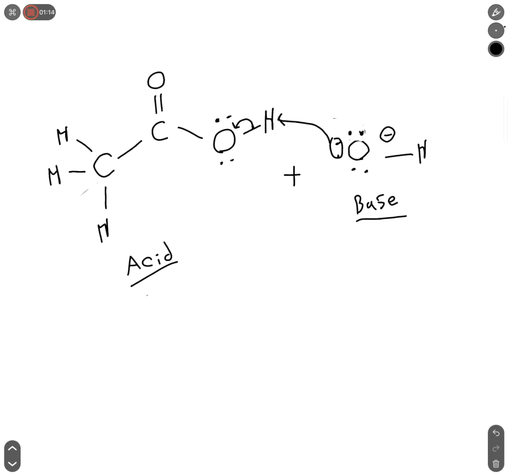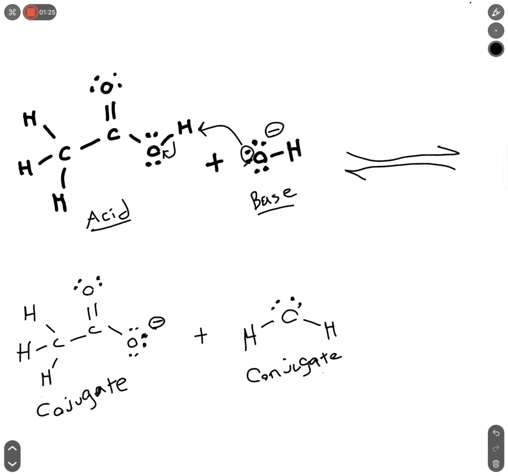These two structures are involved in specific reactions known as acid-base reactions, which start with an acid and base as reactants, and result in a conjugate acid and base as the products. So after this transfer, our products will be a conjugate base from this acid, and that base will now become our conjugate acid.